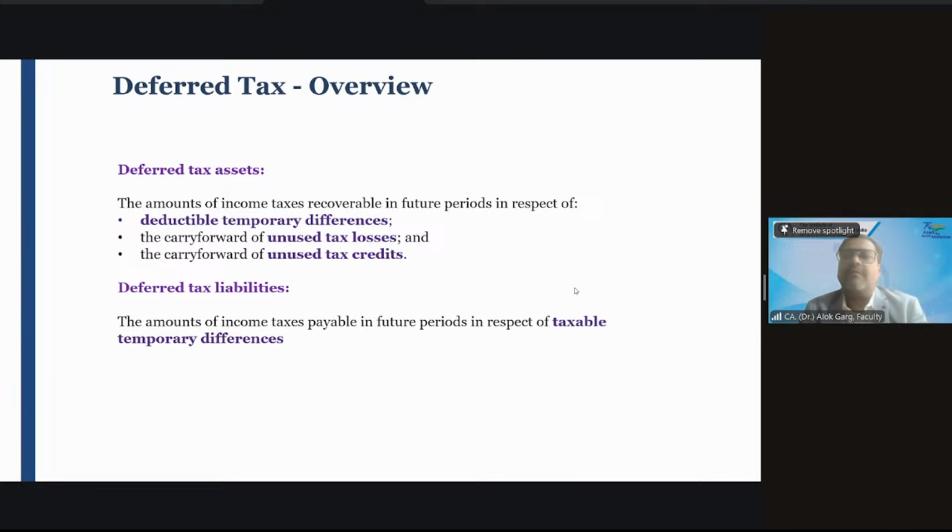Number 1, when I attempted the paper 2 times, I had the experience of appearing in the exam, facing that kind of experience, writing the paper for 3 hours. And number 2, it was like a complete rehearsal, where I tried my level best to prepare for the exam and appear in it.